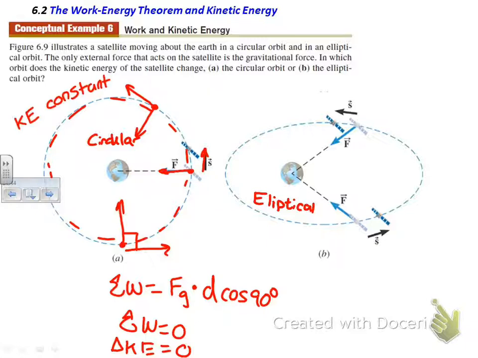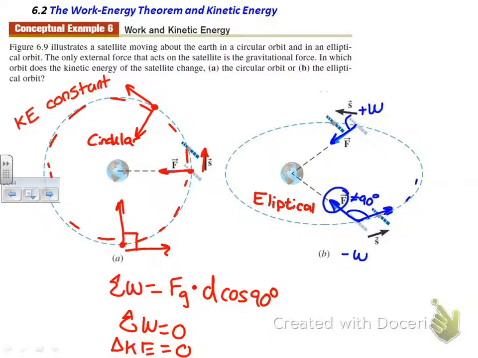This is not the same case for the elliptical orbit. As the elliptical orbit goes, part of it being an ellipse is that the angle is not 90 degrees, meaning the force of gravity is doing some kind of work. First, it's doing negative work here. And then in this case, the angle being made is doing positive work.